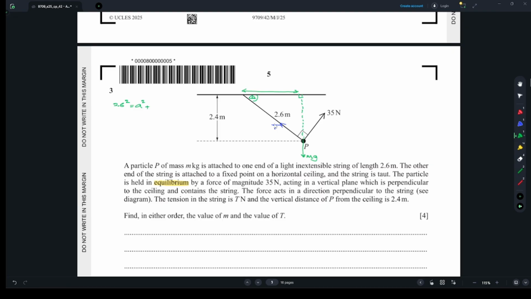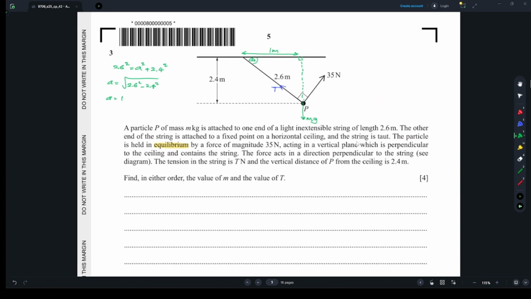So a is 2.6 squared minus 2.4 squared. If you calculate it, you will find the answer as 1. So the length of the adjacent is 1 meter. With the help of that, you can write sine theta, cos theta, and tan theta.